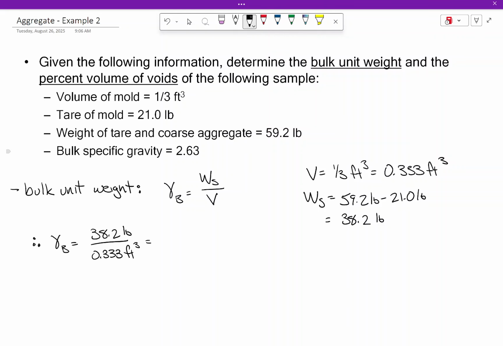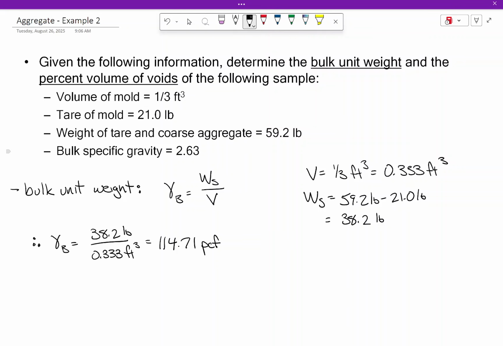So essentially what I'm doing is taking 38.2 and multiplying it by 3. If you divide by a third, you're multiplying by 3. What is that multiplied by 3? 114.71, and we'll say that's pounds per cubic foot. Does that make sense? Does that sound good?